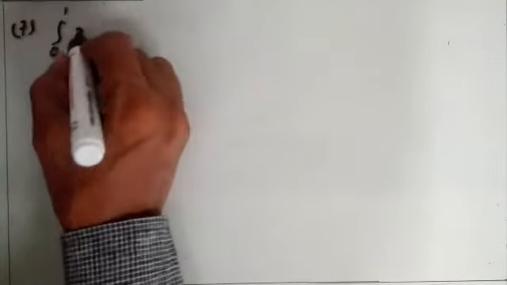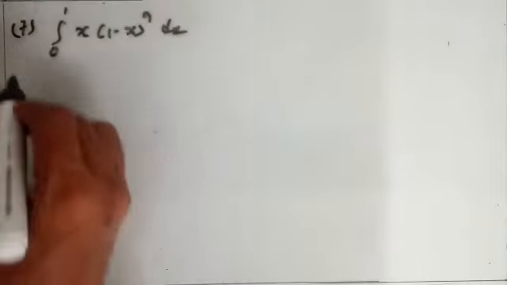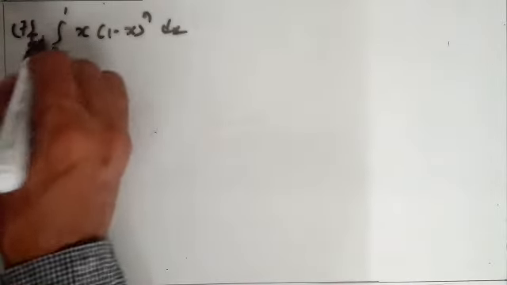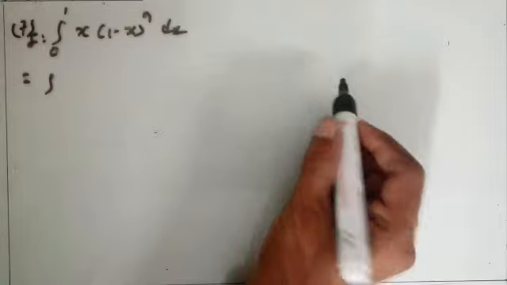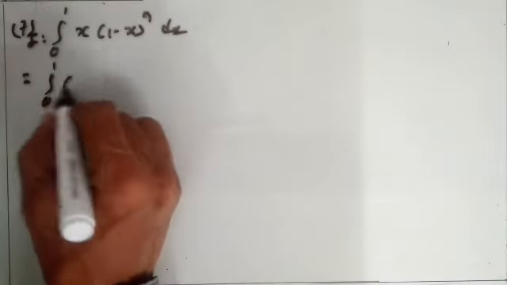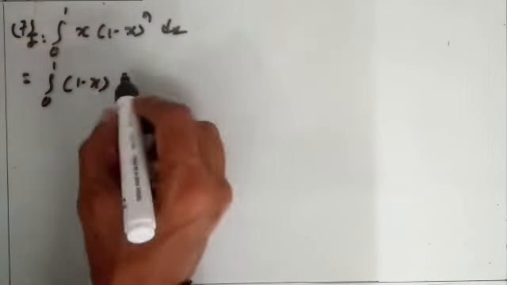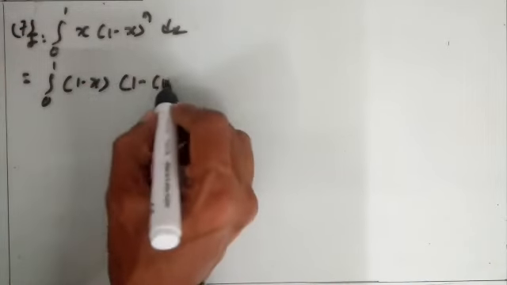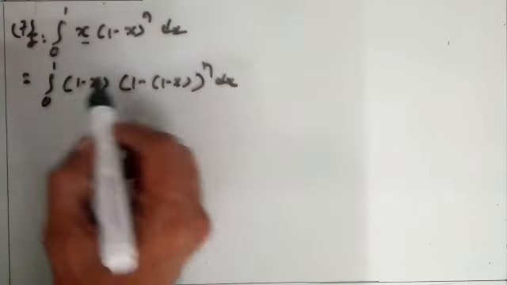Now next question, number 7. Find the definite integral from 0 to 1 of x into 1 minus x raised to n dx. Say this is the integral I, and apply the property integral 0 to a of f(x) dx is equal to integral 0 to a of f(a minus x) dx. So 0 to 1, replace x by 1 minus x.